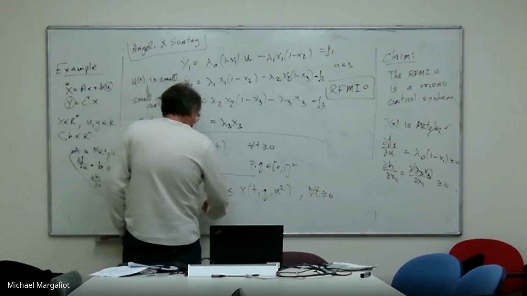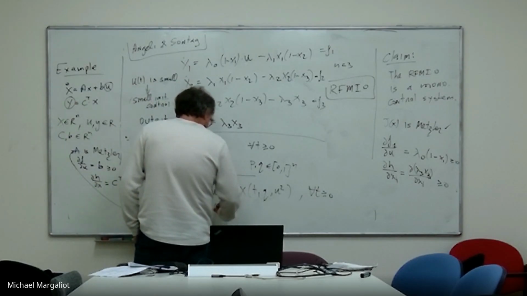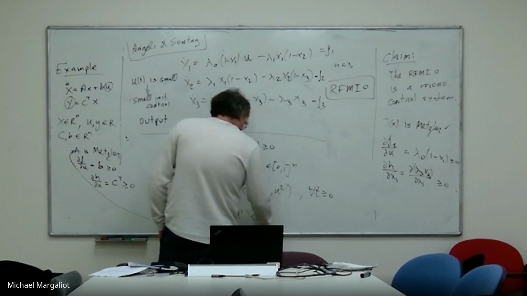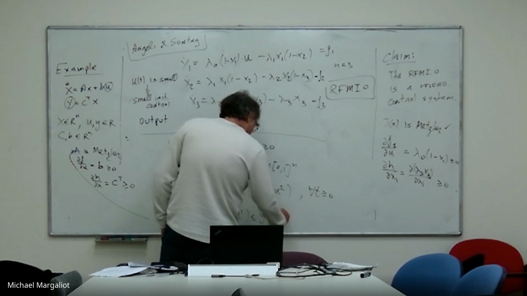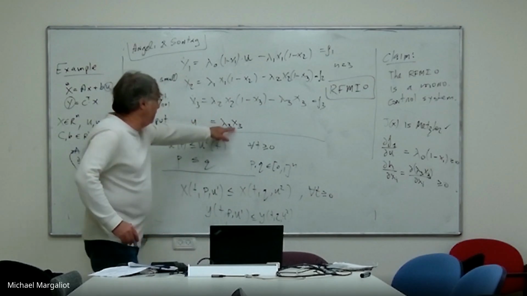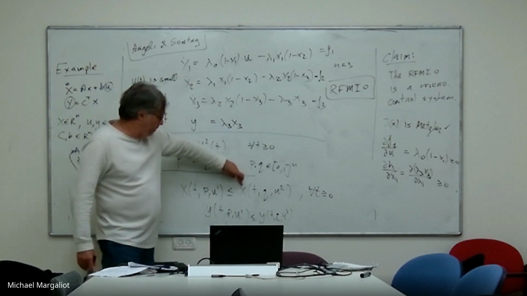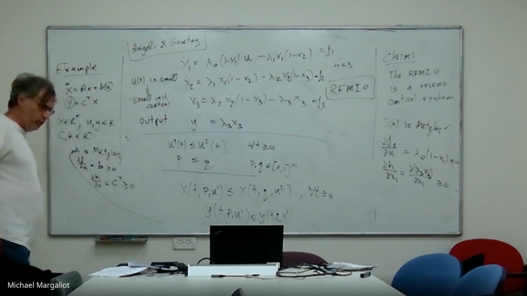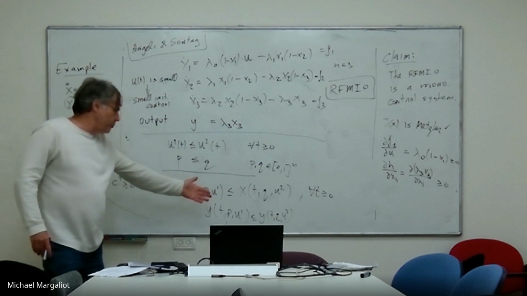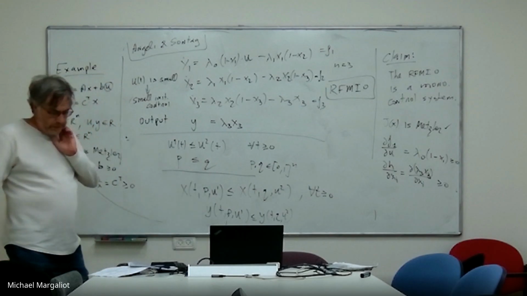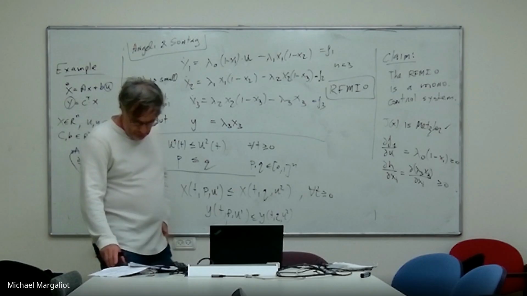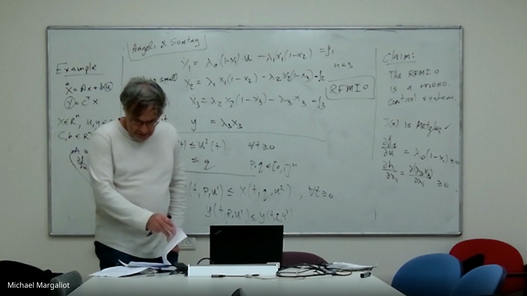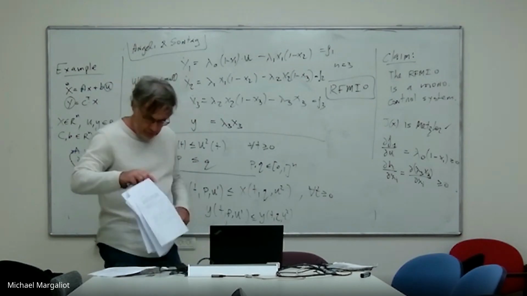And of course, I will also have monotonicity in the output, because the output is just a function of x3. We already know from here that x3 will be larger or equal to the value here. So the output, which is just x3 multiplied by a positive constant, will also be larger. So I think we see that the RFM-IO is a monotone control system, and it's very natural to understand why it is a monotone control system.